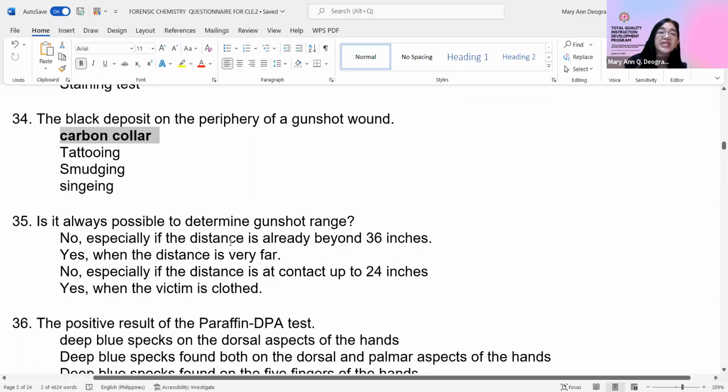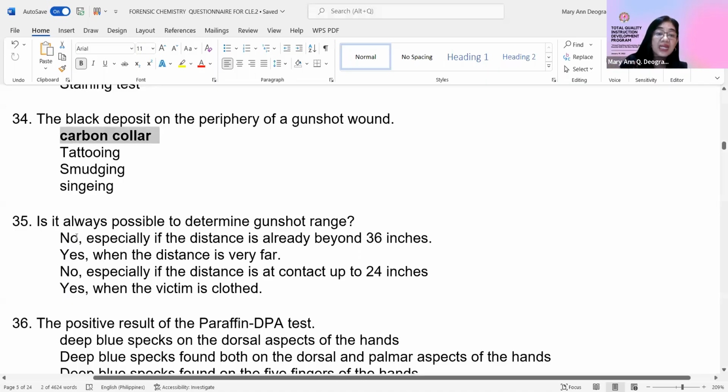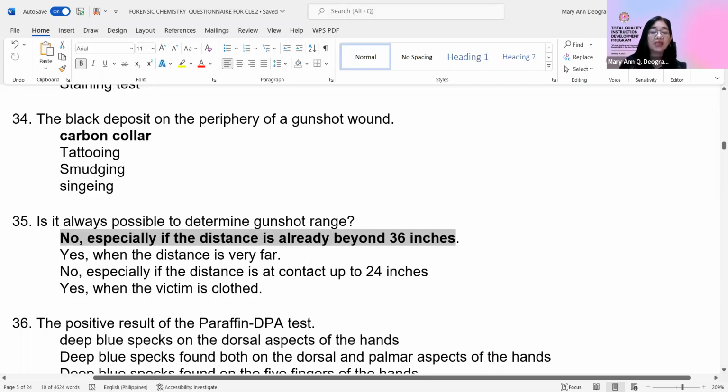Which of the following is the best answer? Okay, no ang sagot, no? Because once we can no longer see any characteristic pattern, hindi na natin malalaman yung distance. So, our answer here is letter A. Okay, especially if the distance is already beyond 36 inches.